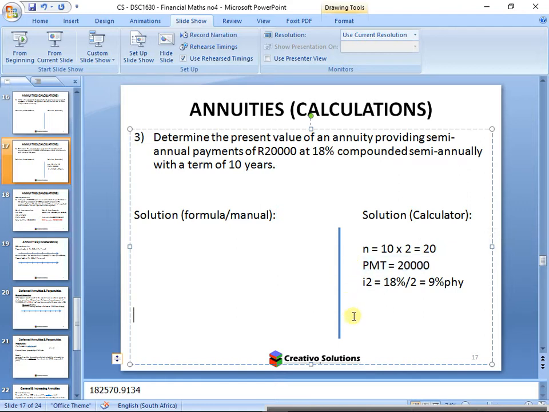Because 10 years are how many half years? Okay, so let me put that in again. So 18 divided by 2. 20,000 is... That's right, yeah.